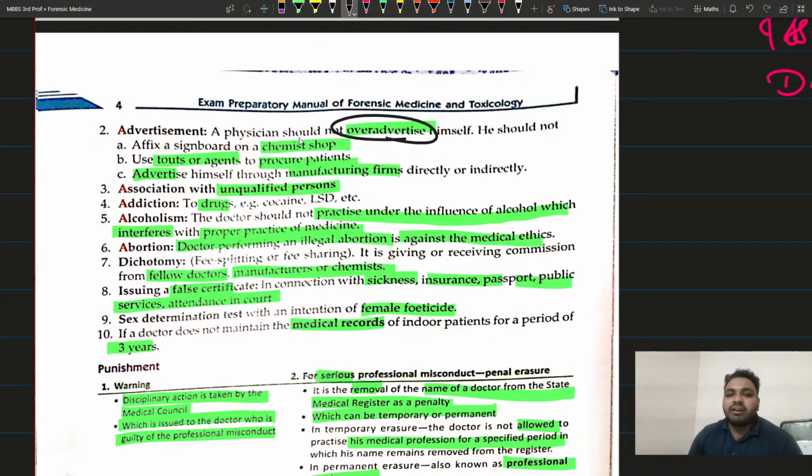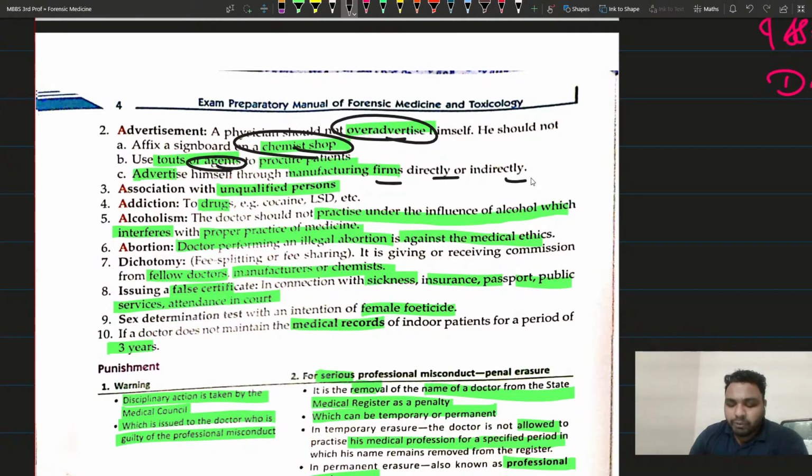For example, fixing a signboard on a chemist shop, like there is a certain chemist shop, you have an association with them and you are fixing your signboard over there. Using touts or agents to procure patients, or advertising himself through a manufacturing firm directly or indirectly. Association, basically, is when you are associated with an unqualified person.